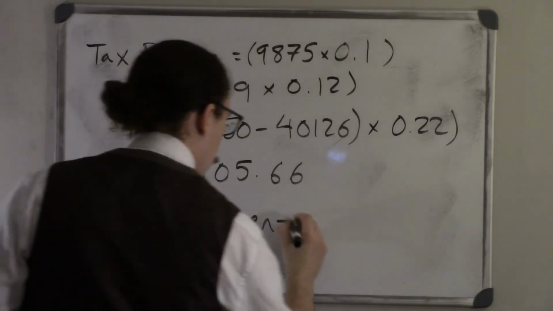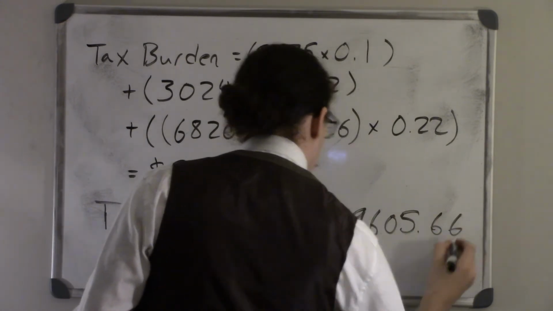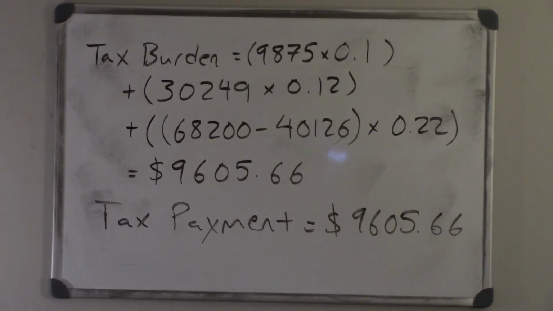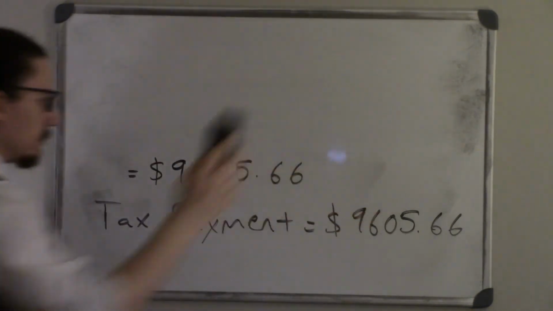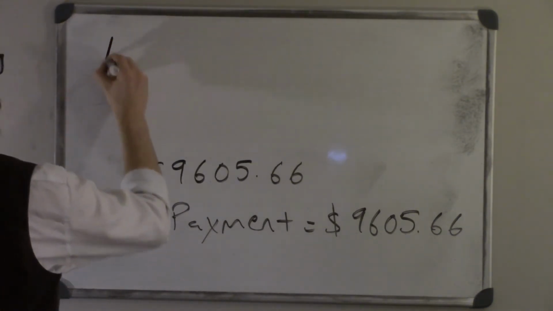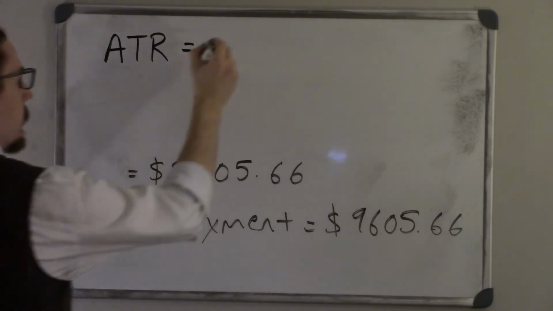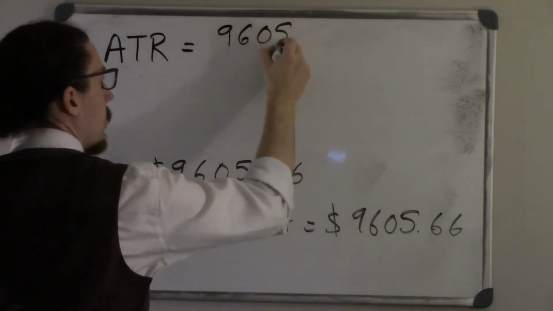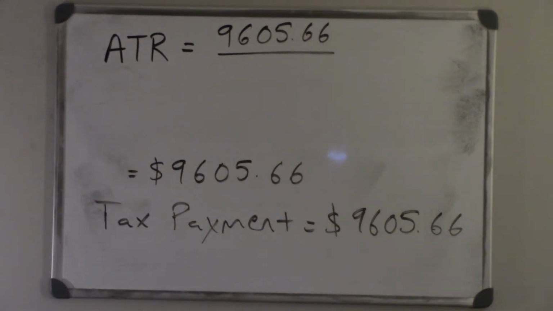All right, so our tax payment is also $9,605.66. And we can go ahead and find our average tax rate by taking our tax payment and dividing it by our total income.